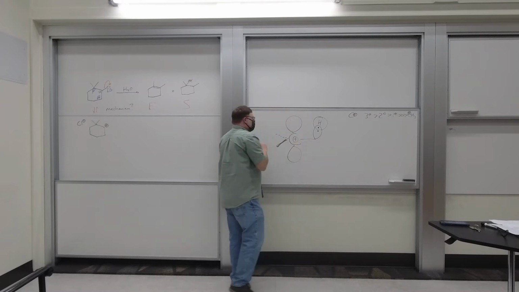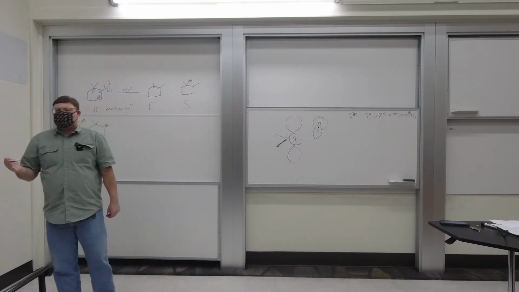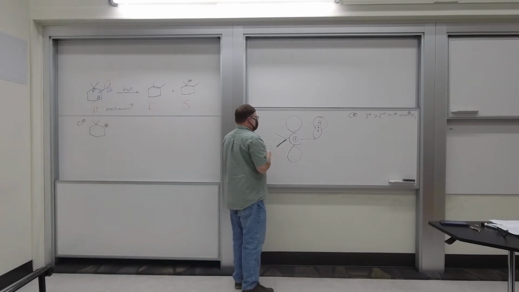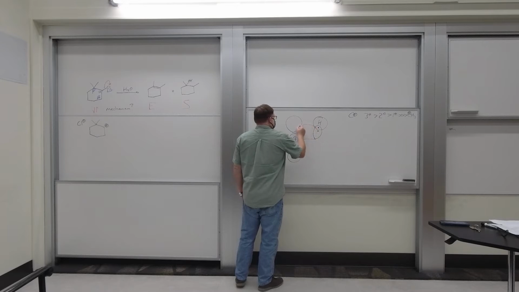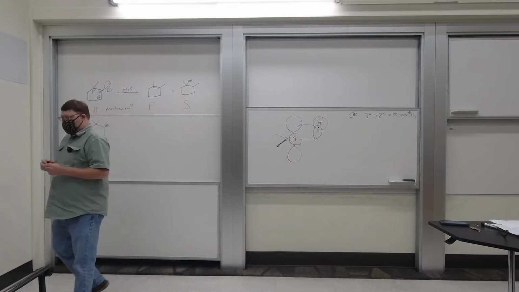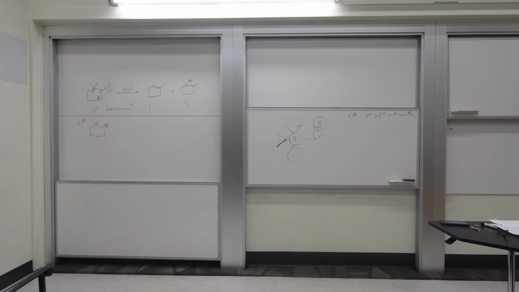The more bonding electrons you have adjacent to the positively charged carbon, the more stable it is, right? And we show this bonding pair of electrons can donate electron density into that vacant orbital. That stabilizes the vacant orbital.